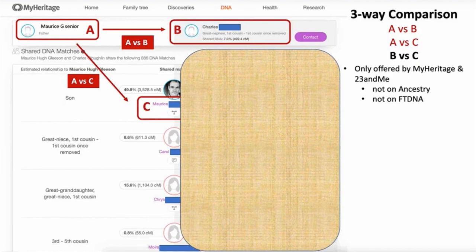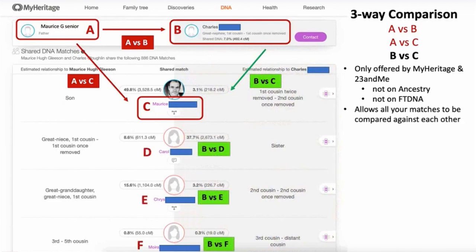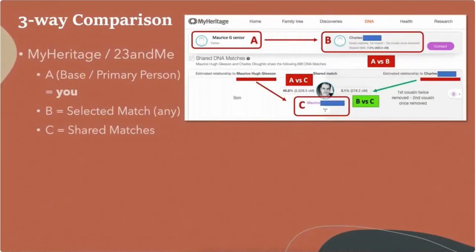You can do A versus B, C, D, E, F, but you will never know how much B shares with C, or C shares with F, or E shares with G. You'll never know how much DNA your matches share with each other. That's why MyHeritage and 23andMe are particularly good for this, and it is essential for building a shared DNA matrix for each of your clusters.